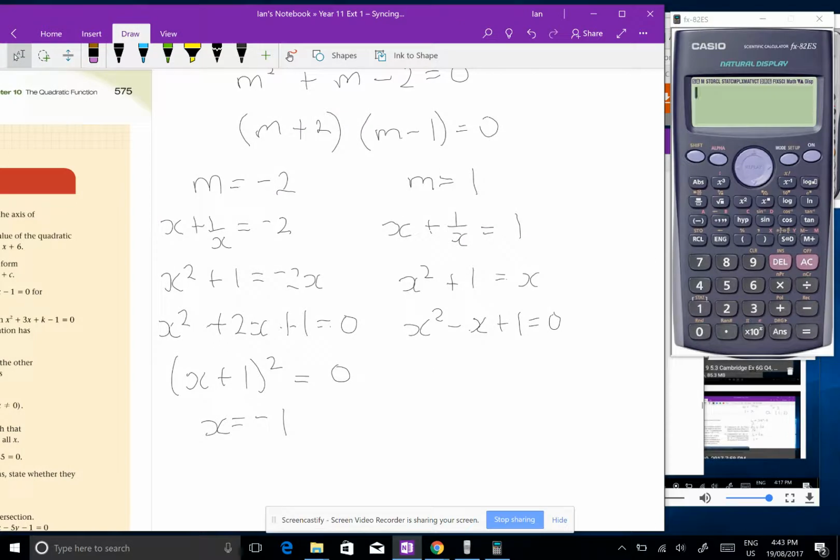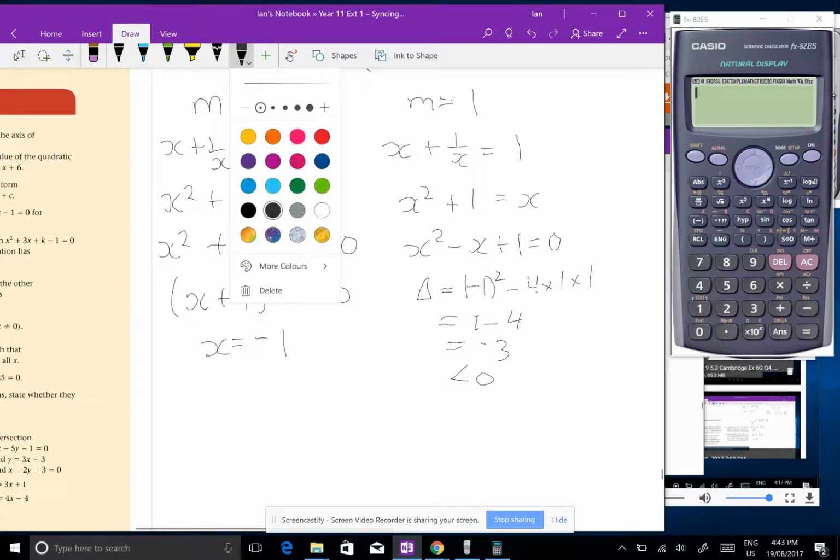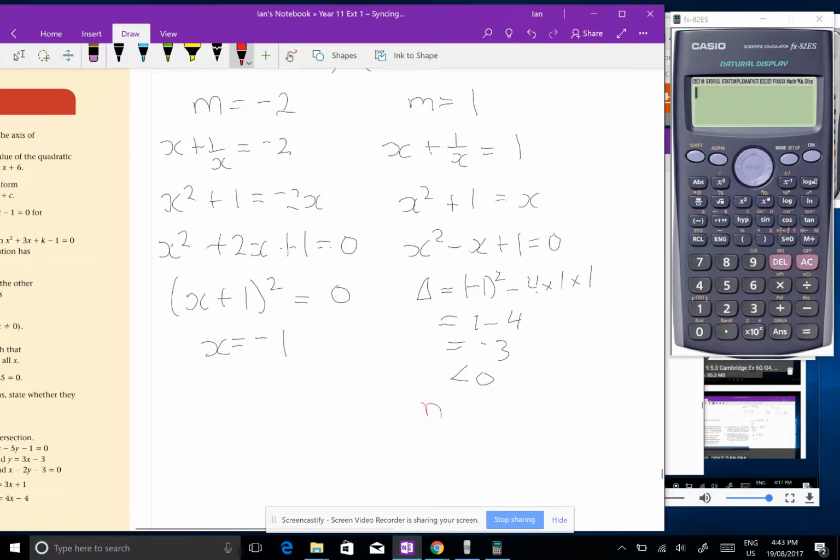I can't seem to factorise it, but if I look at the discriminant of this equation, it equals minus 1 squared minus 4 times 1 times 1, which equals 1 minus 4, which equals negative 3, which is less than 0. So there are no solutions for that part of it. So the only solution is x equals minus 1.